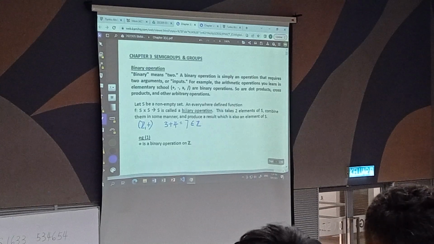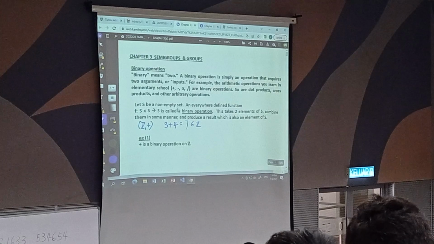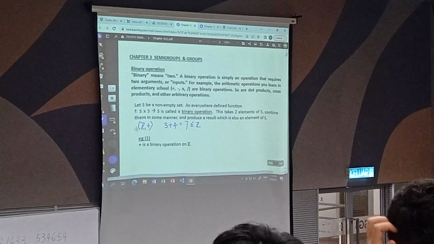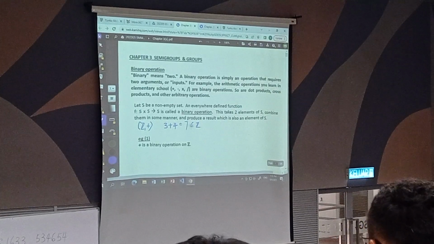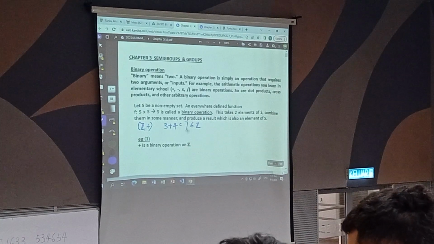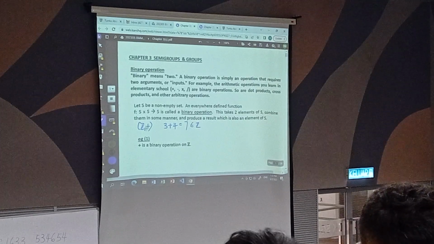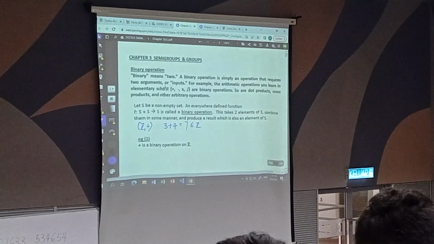Okay? Then in this case, if after the operator you have, the numbers you take are from the set given, which is integers, and the answer you get after the operator is also an integer, then we will say that the set given with the operator plus is a valid binary operation.